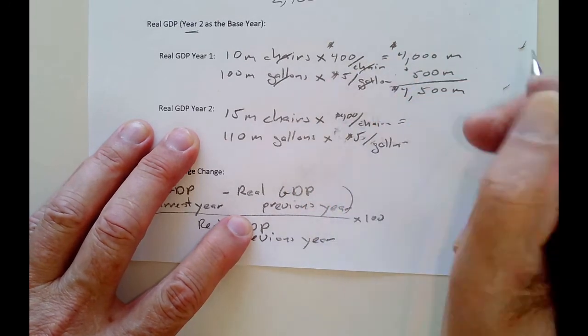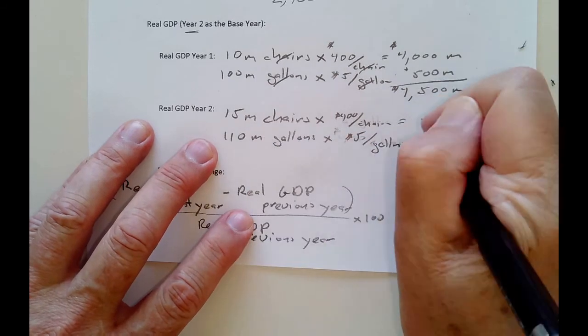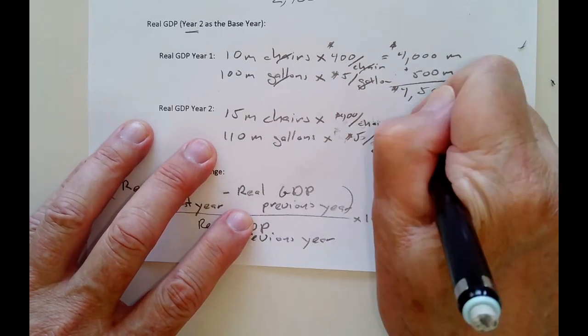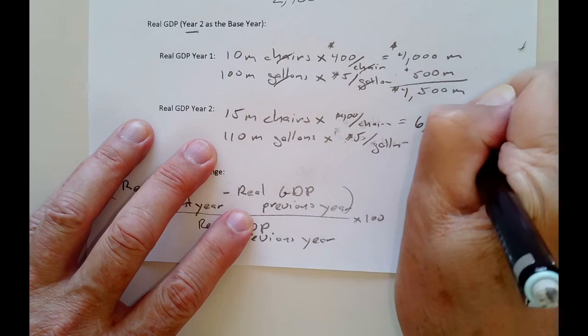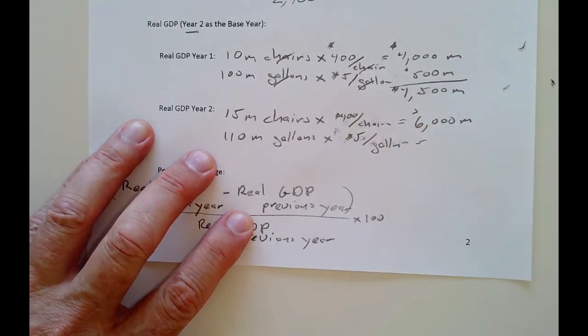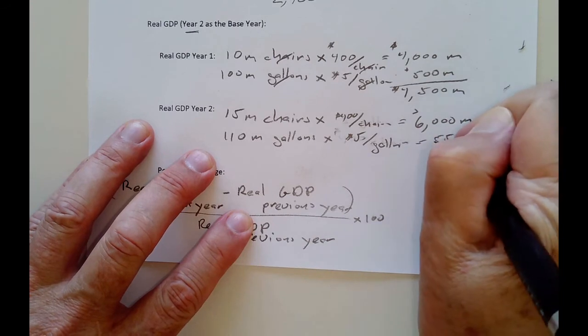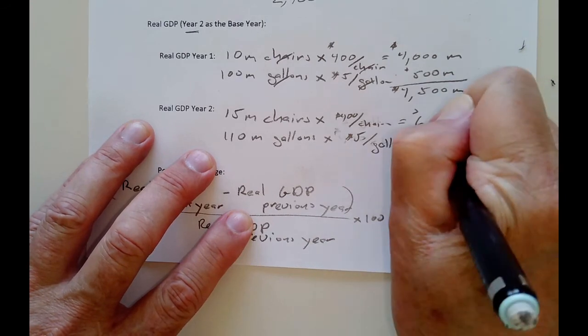And so we have 15 million times 400, that would be $6,000 million. And then 110 million gallons times $5 per gallon is 550 million dollars. Got to keep my units straight.